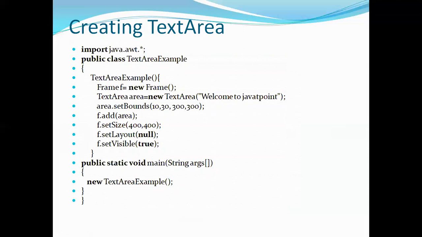Again, in this class I'm creating the frame using the second method. Frame f is equal to new Frame, and I'm creating the text area using the object called area. So TextArea area is equal to new TextArea, and in the text area I'm writing some text: welcome to Java Point, and I'm setting the bounds for that area.